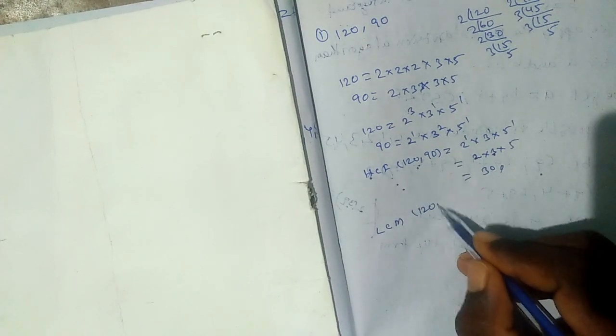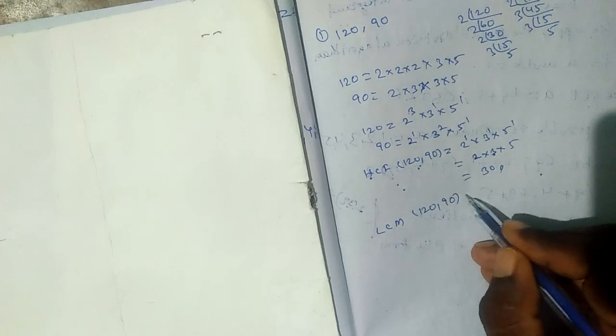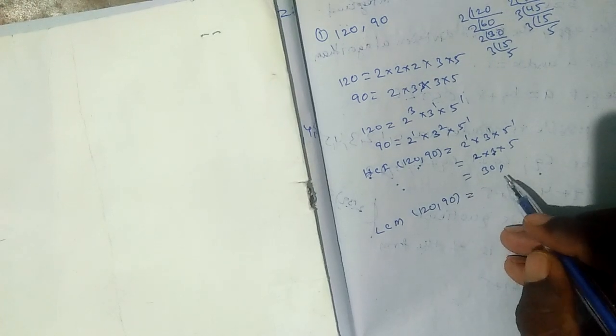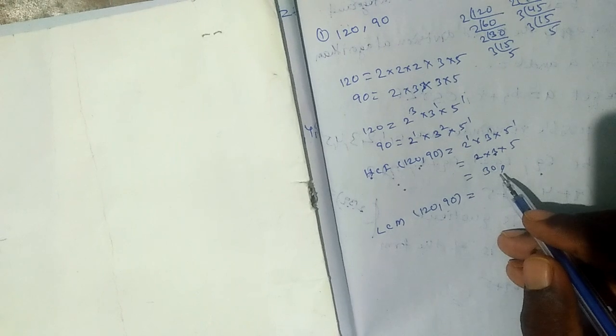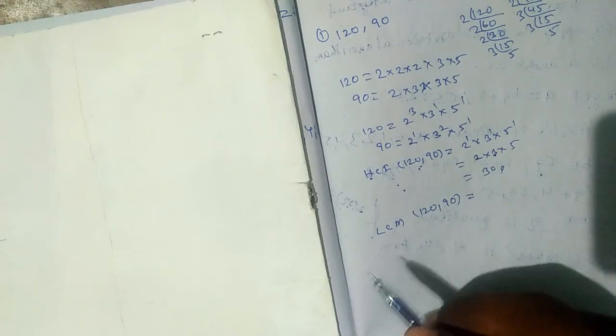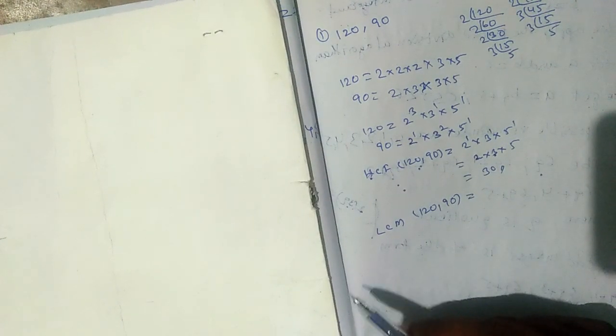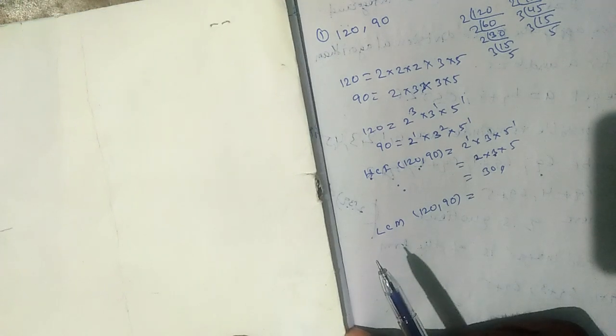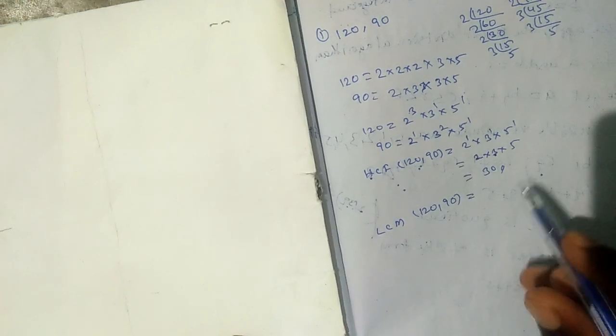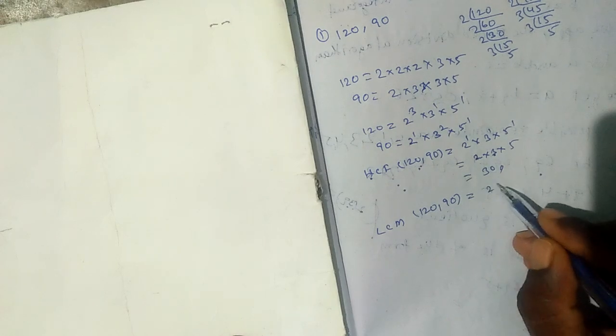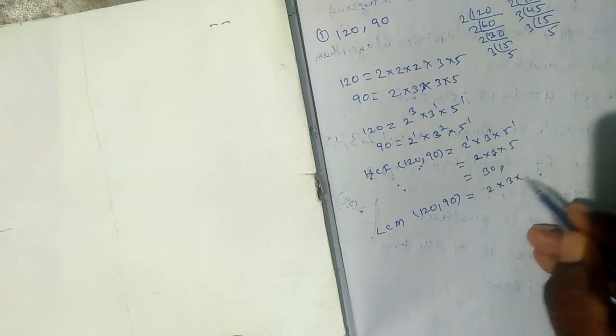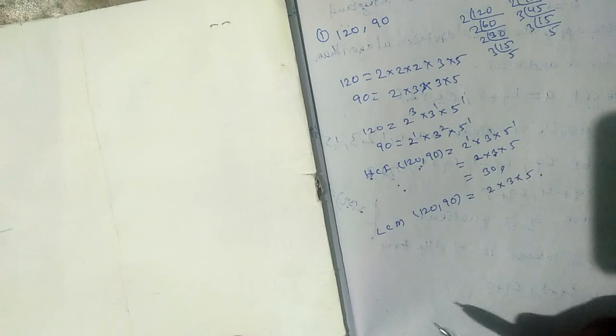Next LCM of 120 and 90. So now here we write all the factors in the problem. What are the factors here? 2 and 3 and 5 in both numbers.